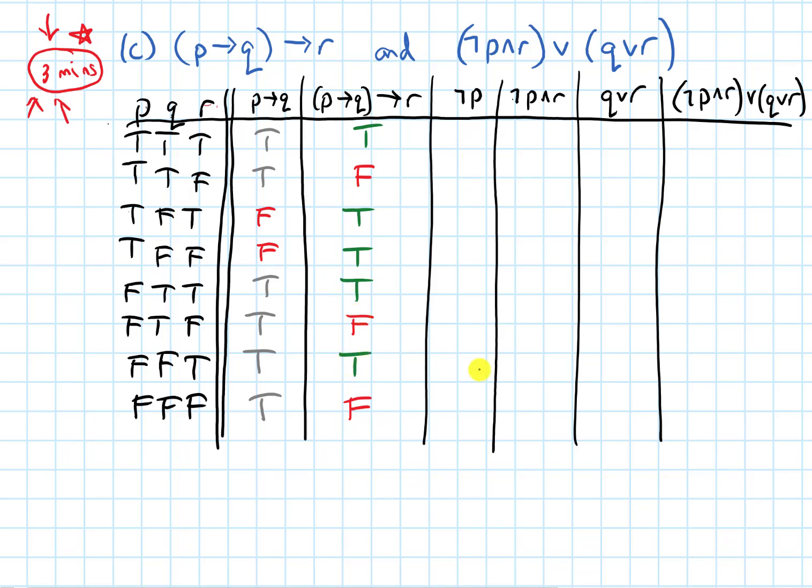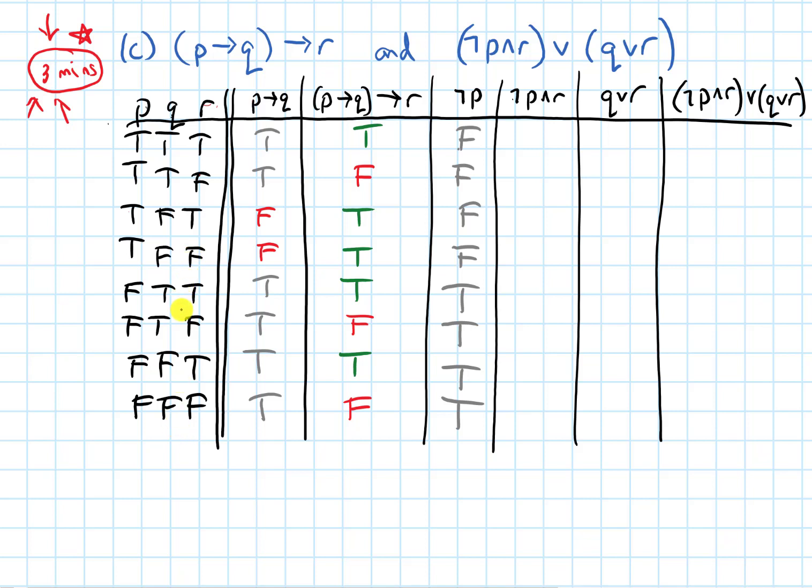Okay, now we get some easier ones. Not P. I just flip all the P's and make this 4 falses at the top and then 4 trues at the bottom. Now I have to do an AND statement with that and R. For the AND statement, it's only going to be true if both not P as well as R are true.